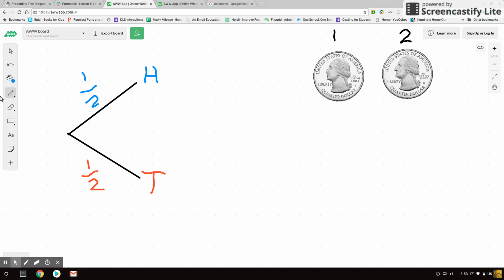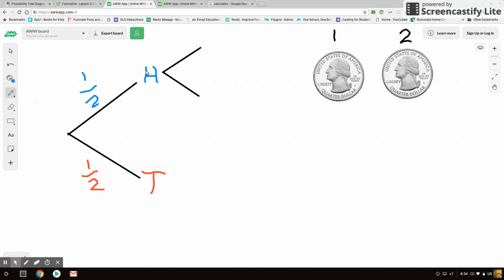But now let's think about that second coin and the possible outcomes. If the first coin comes up heads, we have 2 more possible outcomes, right?